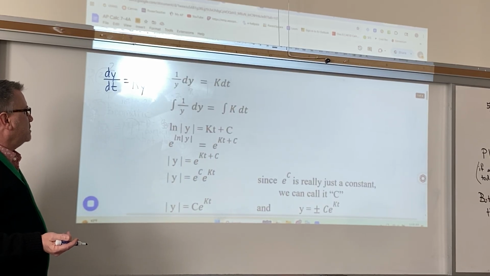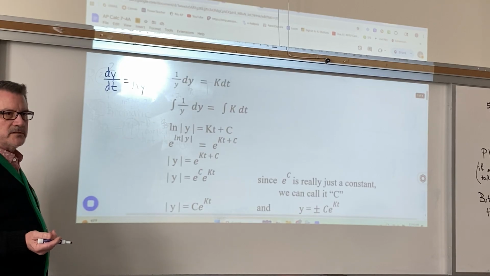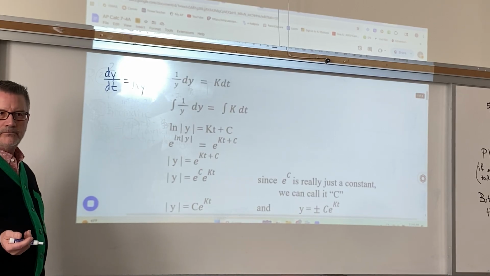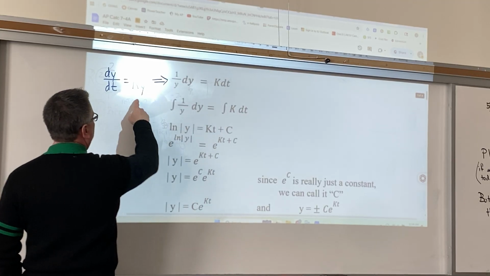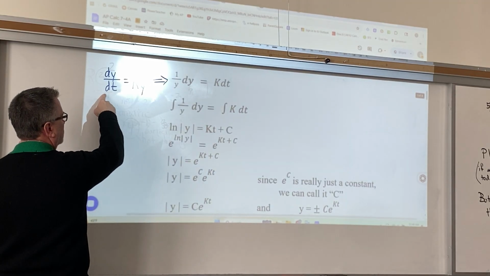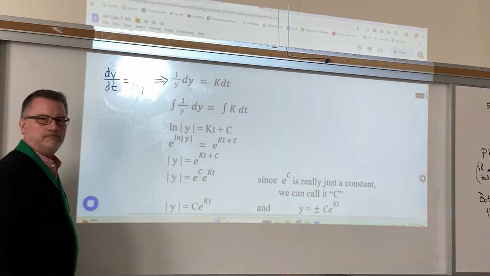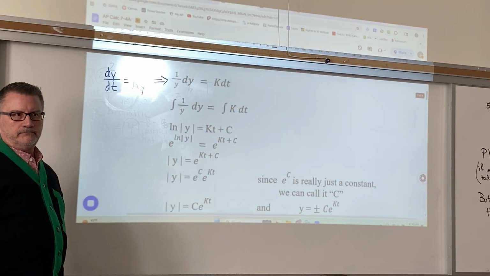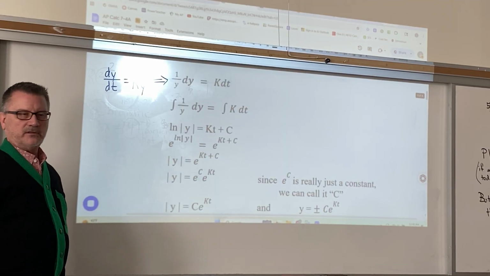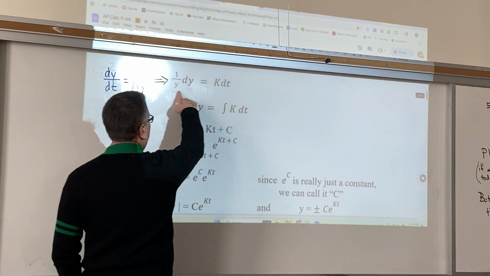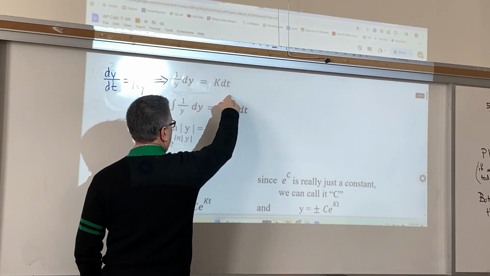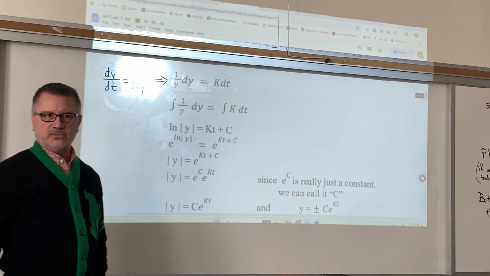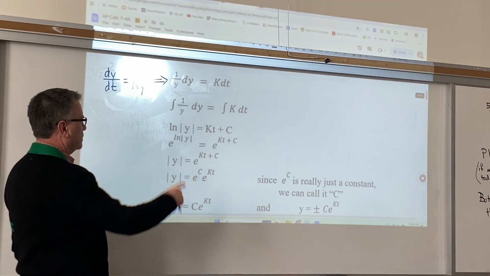And I noticed, you know what, I can probably separate these variables. Right? So that's what I'm doing here, moving the y over here and multiplying the dt over here, and I get that. Separate the variables. And I get this, I got all the y's on one side, I got all the other variable, in this case t, on the other side. And then I integrate each side.